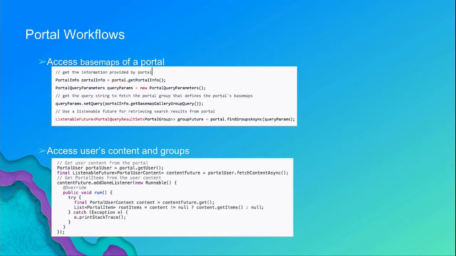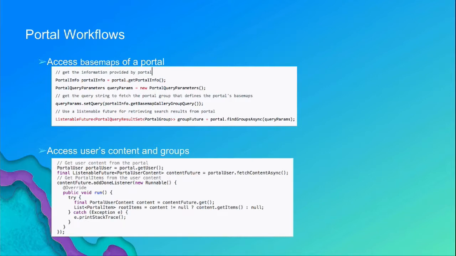Then from the ListenableFuture, you are able to fetch the portal items and get a list of base maps. Another commonly used workflow is to access your user content, and you can call fetch content on the portal user, which you get from your portal.